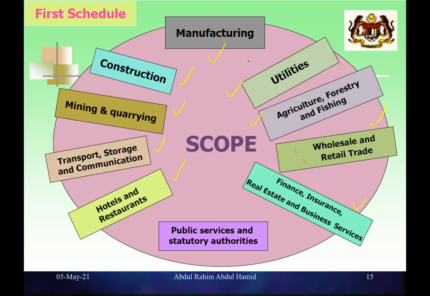Construction is not much, I would say less than 5%. Normally around 3.3 until 3.5 until 5, not more than 5%. But among all, mining, construction, and agriculture, from the statistics, are considered high risk industries.